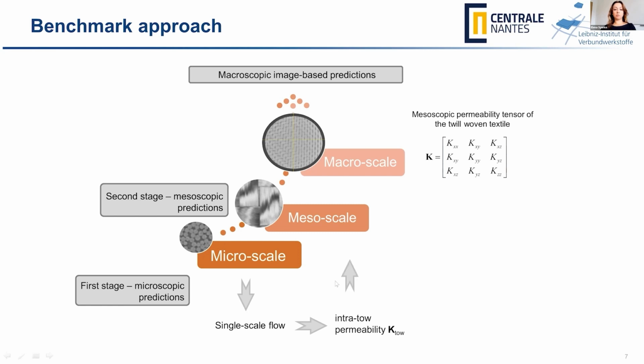And then we will be able to put it as an input for the mesoscale simulations afterwards, to perform them at the scale of the textile. So here you have the flow within the yarns and between the yarns. So at the next stage, it will be multi-scale flow, and to arrive at the end at the permeability tensor, for which we also have the experimental values from the experimental benchmark.